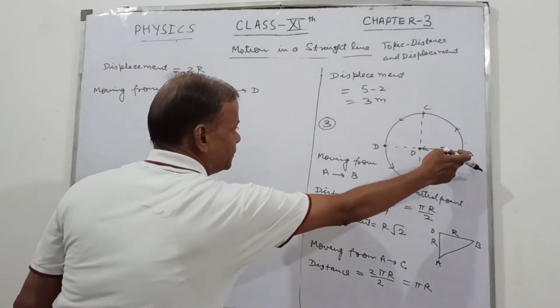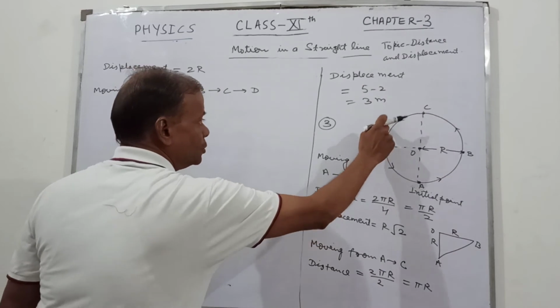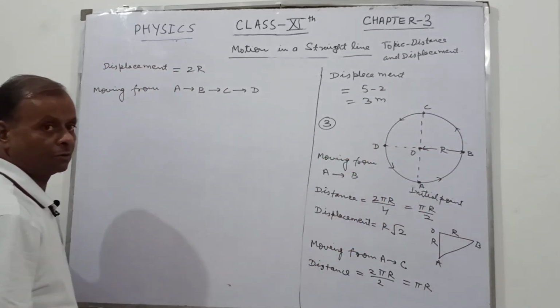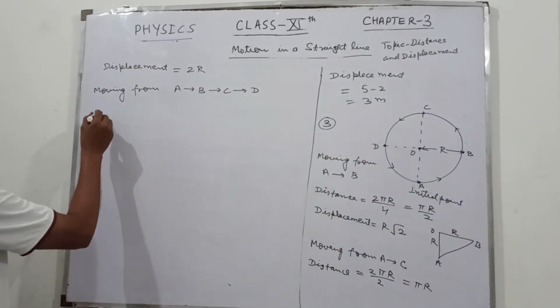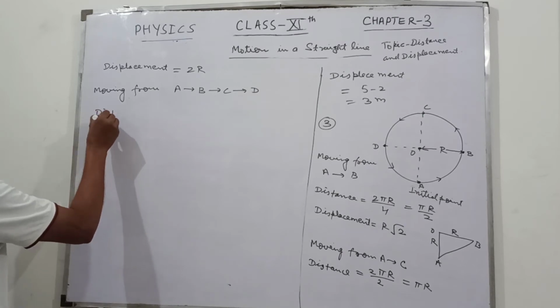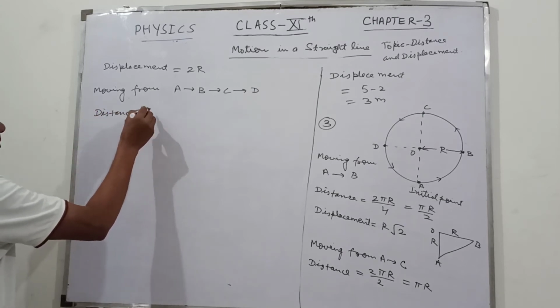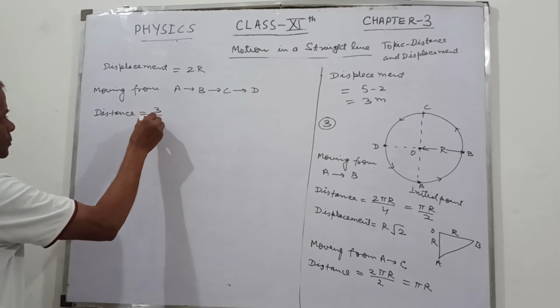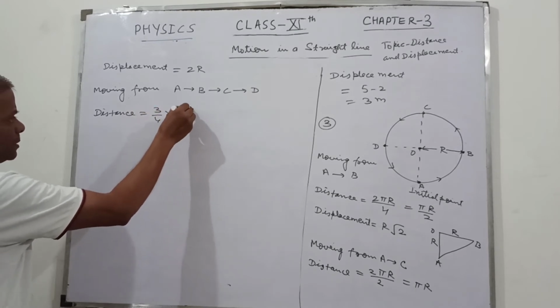A say B, B say C, C say D. So this is now 3/4 of the circumference. So distance is how much? Distance is equal to 3/4 into 2 pi r.